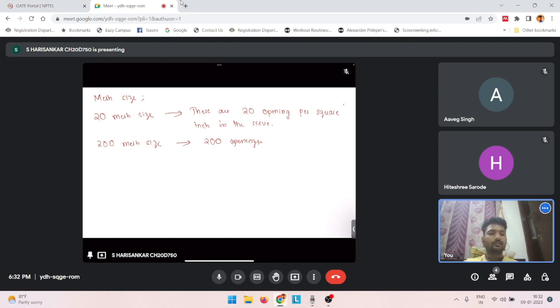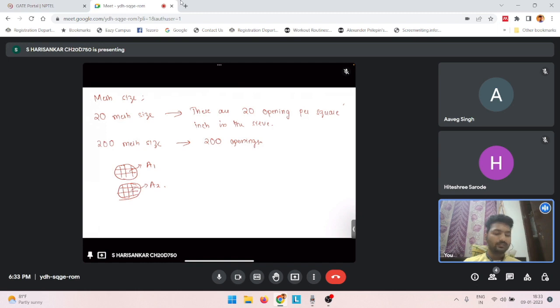And usually the difference between two mesh sizes is based on the Taylor series. So you have a mesh like this on the top and another mesh like this on the bottom. Let's say the area of this opening is A1 and the area of this opening is A2.